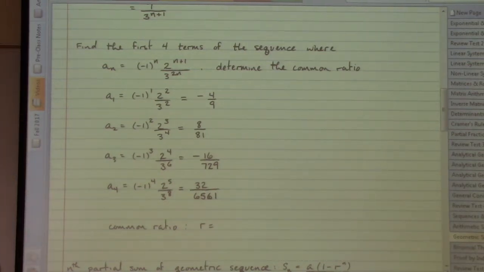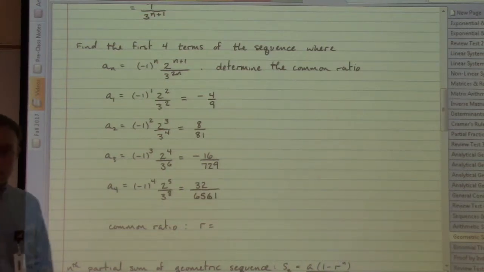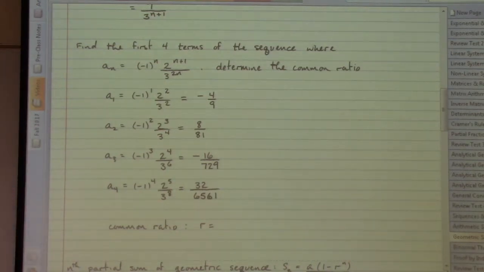Now, secondly, the common ratio. The most direct thing for us, like we saw in an earlier example, is to take our second term divided by the first term.